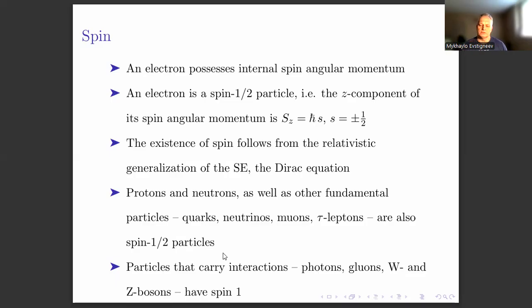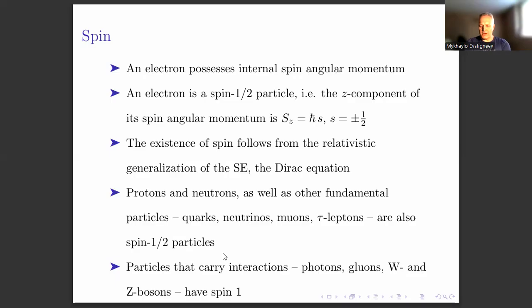There are also particles in which spin is integer. Typically, for example, the particles which are responsible for interaction have spin 1. The most familiar interaction to you is the electromagnetic interaction. And at the most fundamental level, electromagnetic interaction proceeds via exchange of photons, the quanta of light.